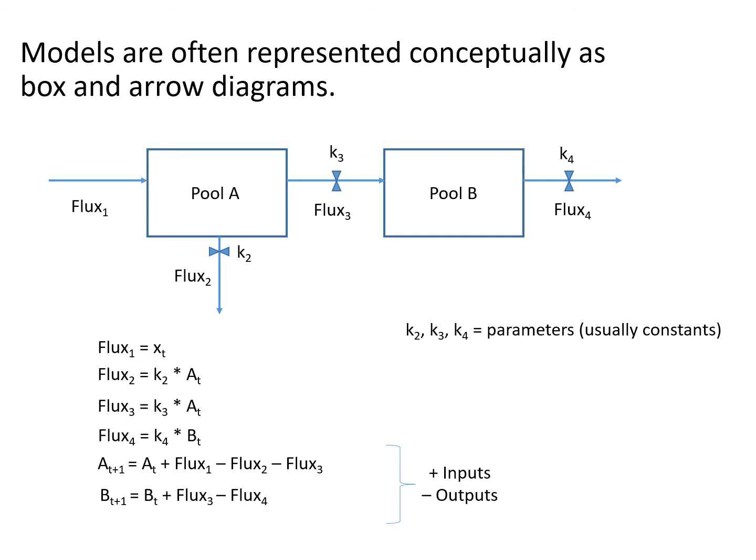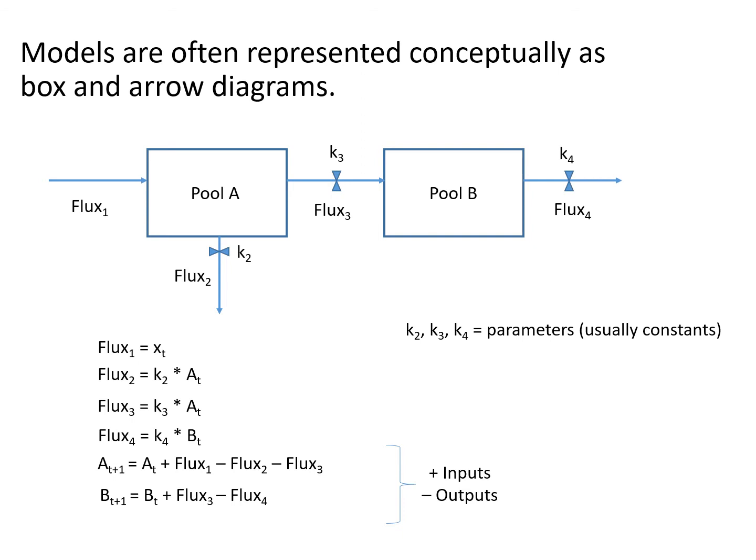The other fluxes here are specified as rates times the quantities in the pools from which they come. So flux 2 has an associated coefficient K2, and we're going to say that the total flux out of pool A is going to be equal to K2 times whatever is in pool A sub t, at the time that we're evaluating these equations, and so on and so forth.